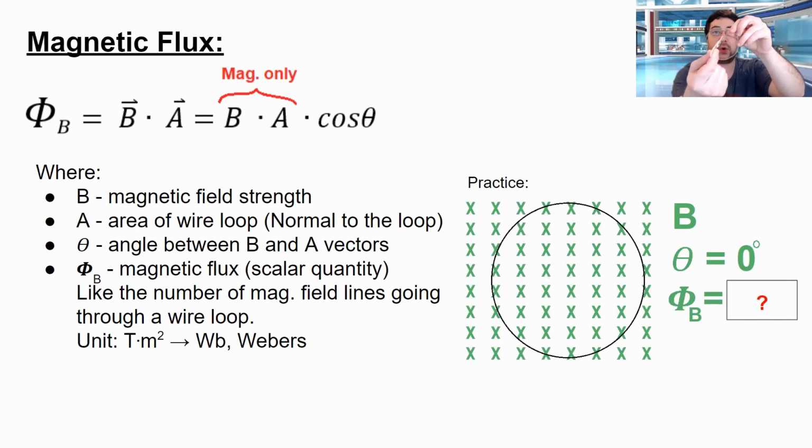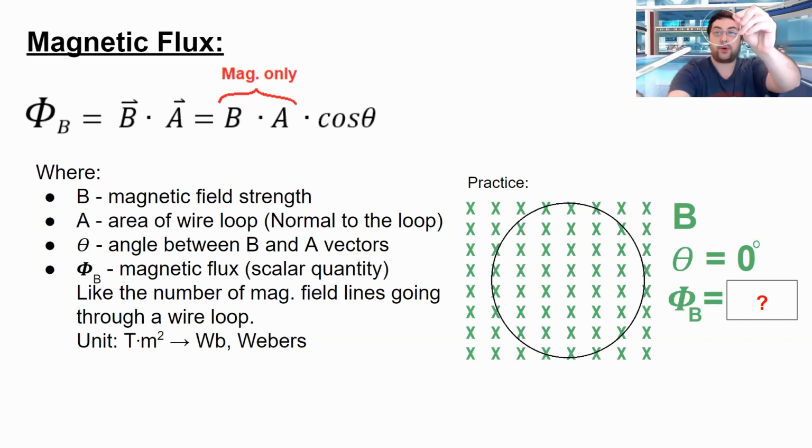Now, the normal line is normal to this surface of the iron ring, okay? So remember, normal means 90 degrees, right? So the normal line to this flat surface of the iron ring here would look like this, all right?